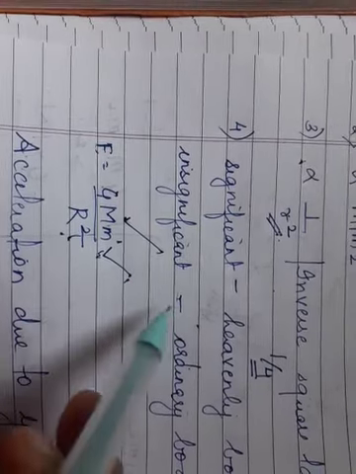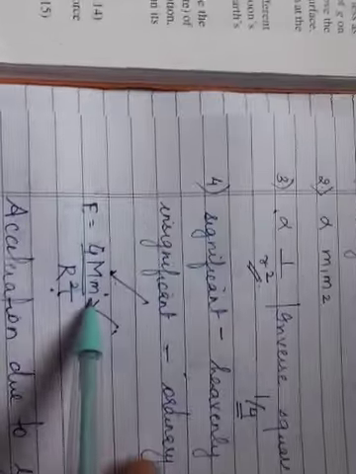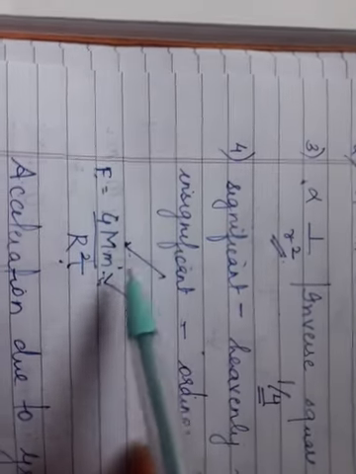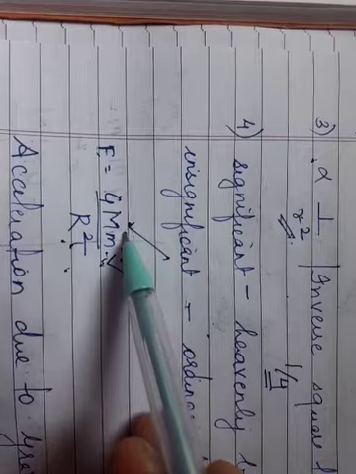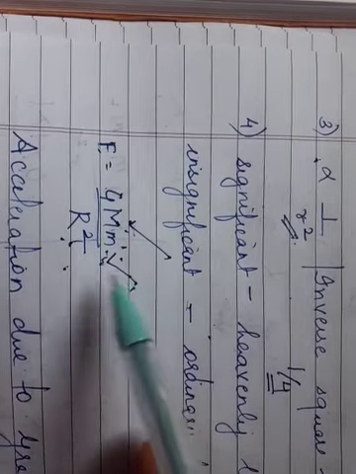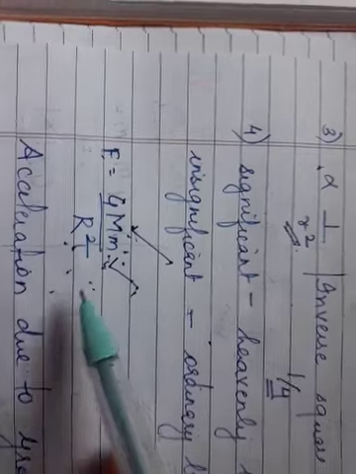We had discussed that F equals G m1 m2 upon r square. From that, m1 is the capital M and m2 is the small m. So capital M is the mass of the earth, small m is the mass of the body, and r square is the square of the distance between the earth and the body. That is given by this formula.